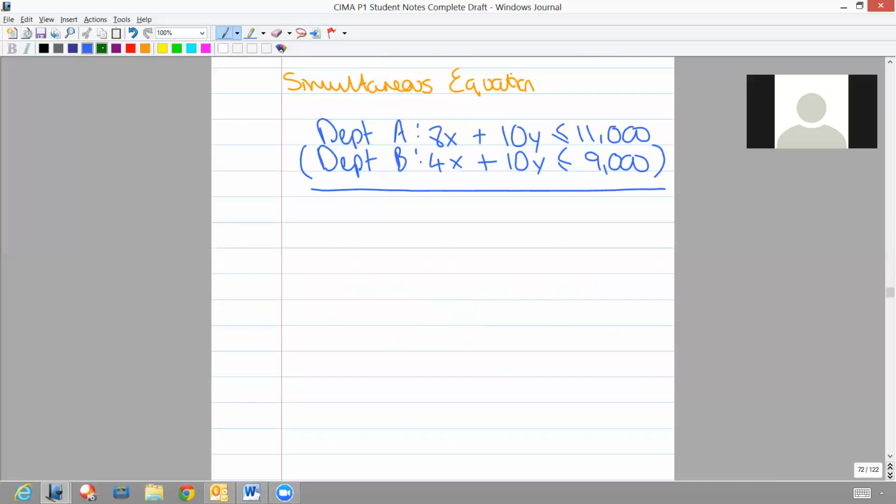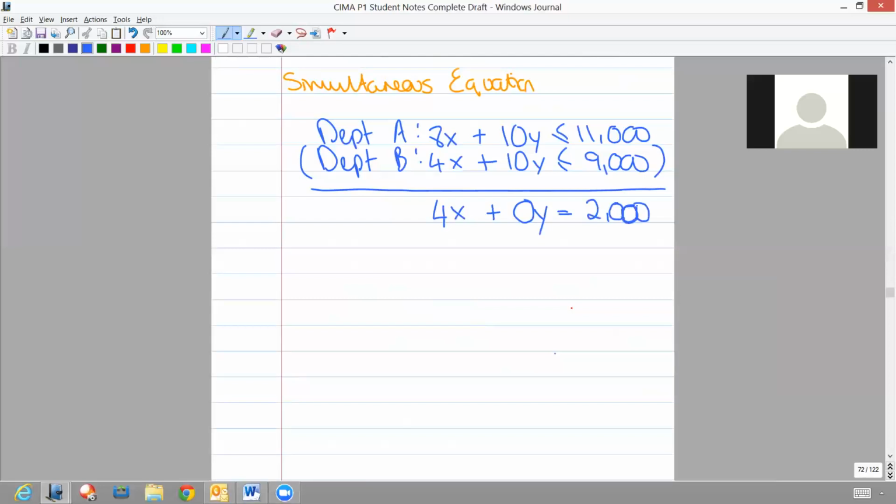Now, when you're deducting them, what must categorically happen is that either your x value or your y value must equal 0 once you have deducted one line from the other. In this particular case, when we deduct one line from the other, we end up with 4x plus 0y equals 2,000.